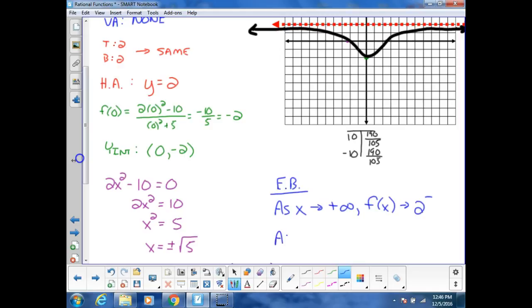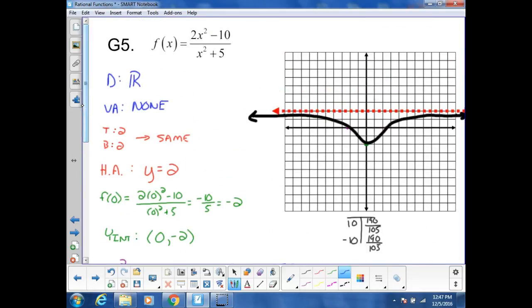And as x is approaching negative infinity, my function is approaching 2 from below. I don't have any vertical asymptotes. It's only ever been vertical asymptotes.